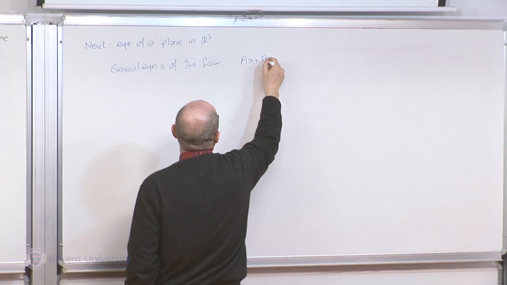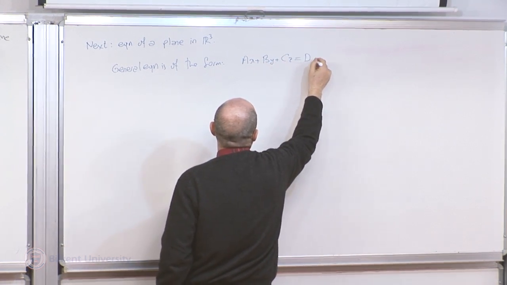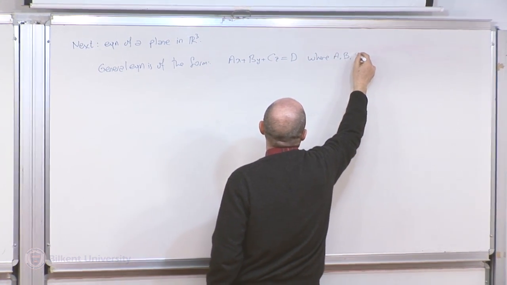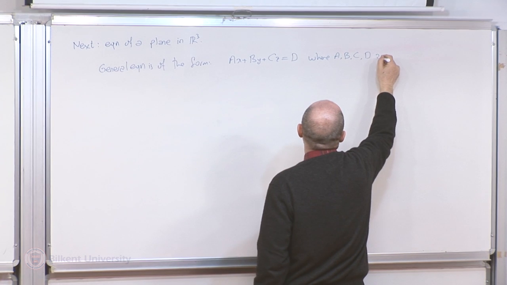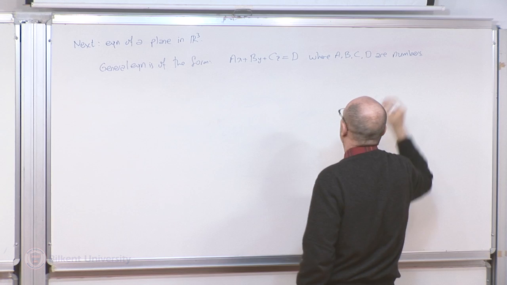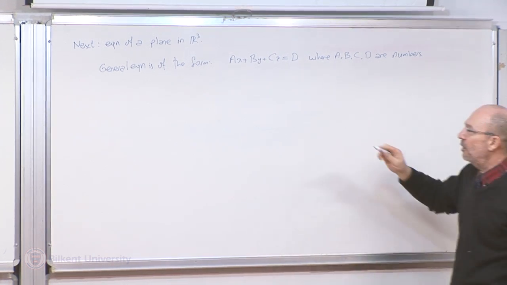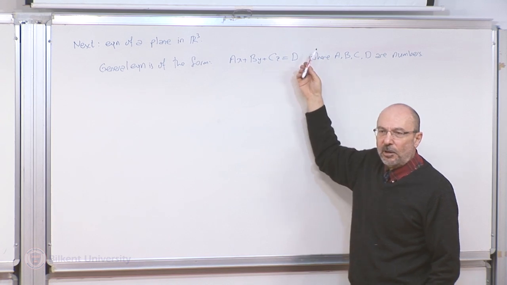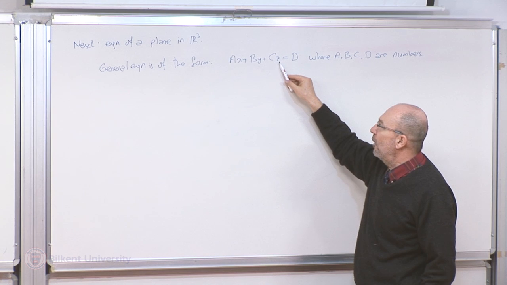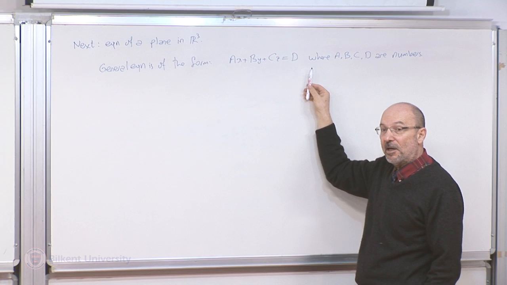Ax plus by plus cz equals d, where a, b, c, d are real numbers. Okay, so as I explained before, you see that this defines a two-dimensional space, because if c is different than 0, for example, I can take everything to the other side and divide by c.